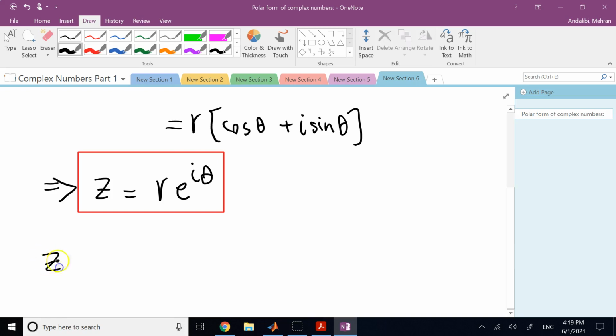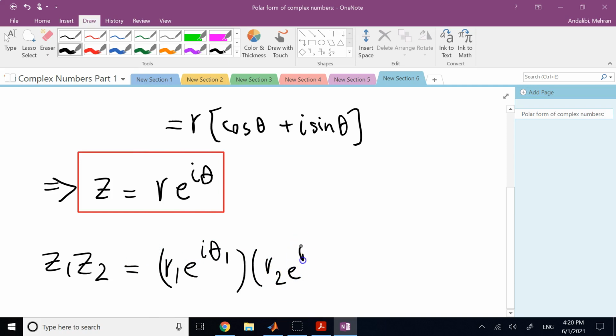So let's say I want to multiply z1 by z2, where z1 is written as r1 exponential of I theta 1, and z2 is written as r2 exponential of I theta 2. Well, we easily know that r1 times r2, they are the two numbers that you multiply, and the exponentials, when you multiply, their powers are added. They both have I, which you can factor out. So this is going to be theta 1 plus what?